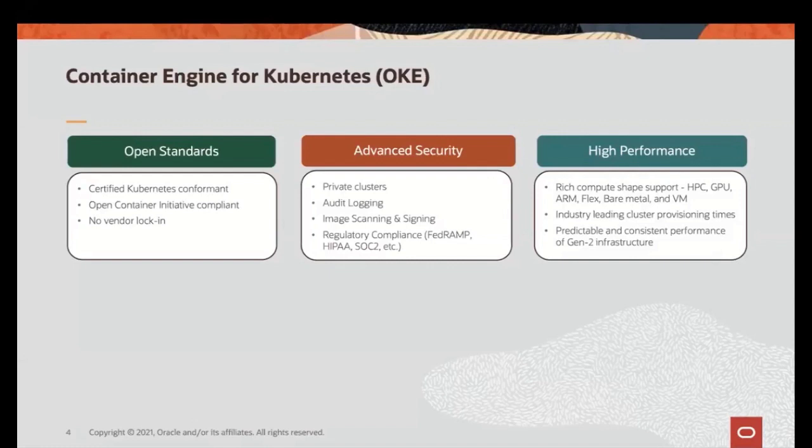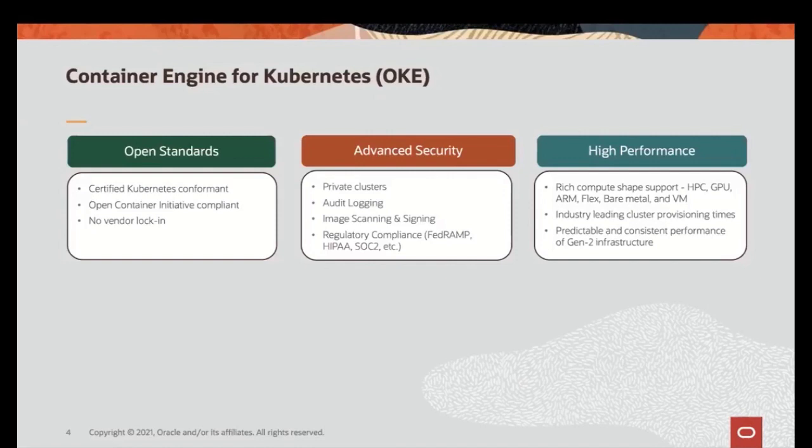When you get a CPU for your compute instances, you get dedicated cores. You don't have overcommitted network. So when you run your application on OKE with OCI, you get the best performance.